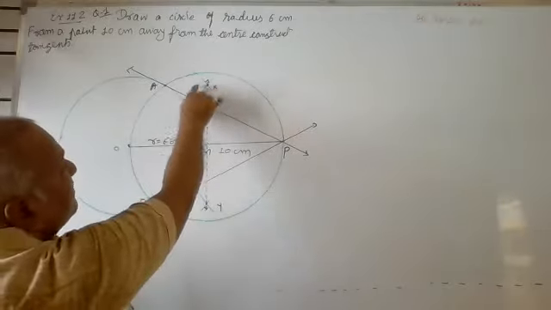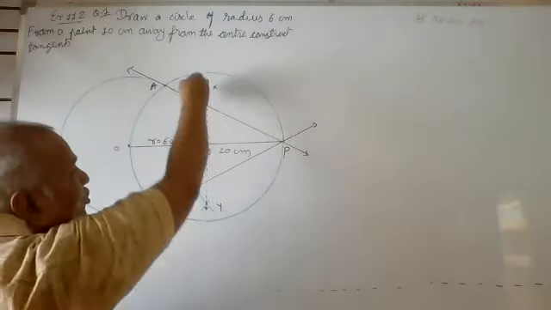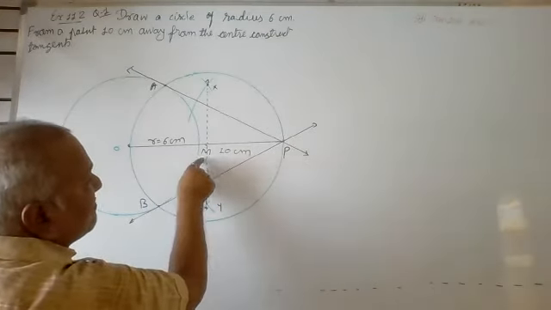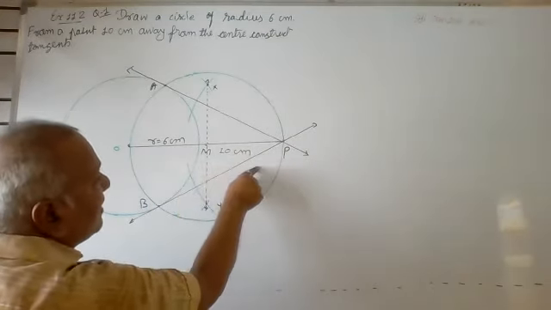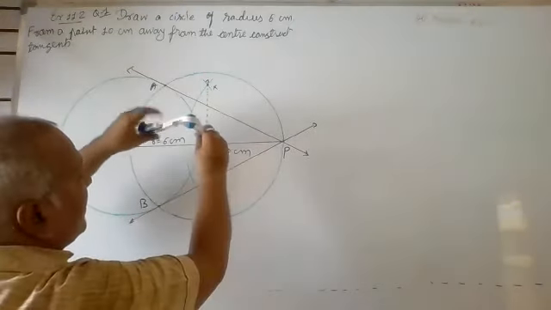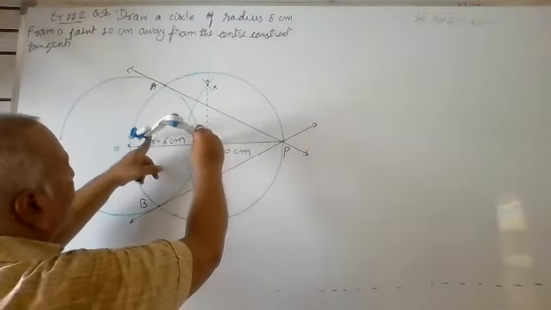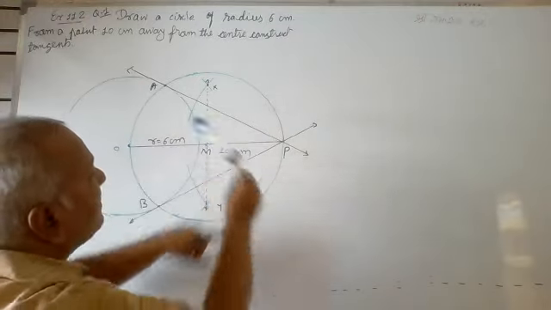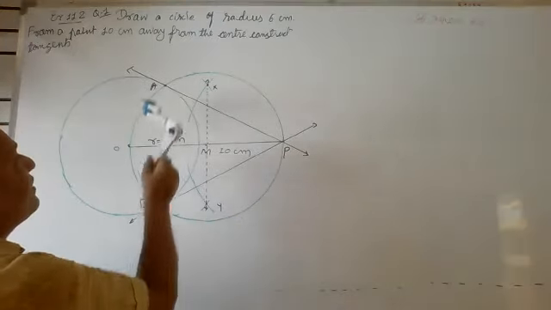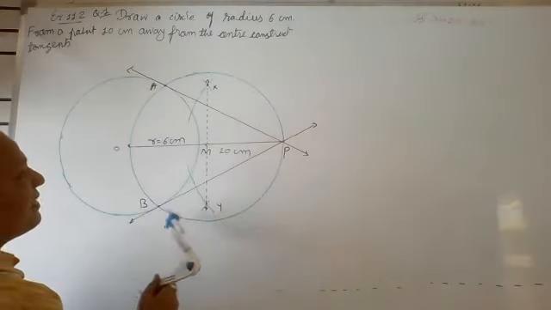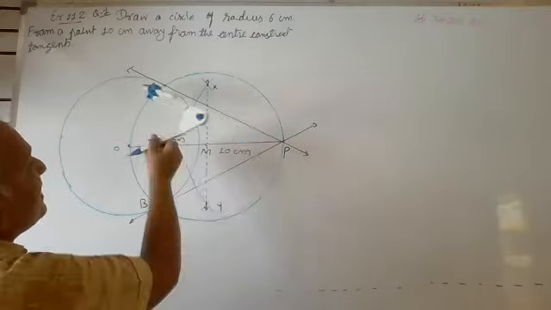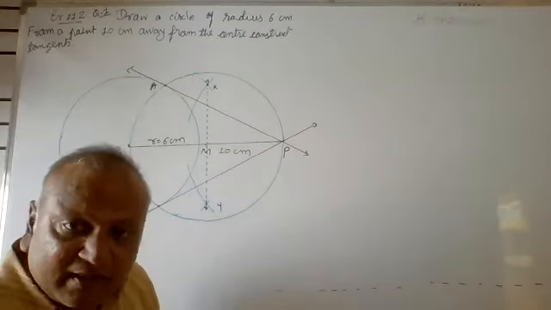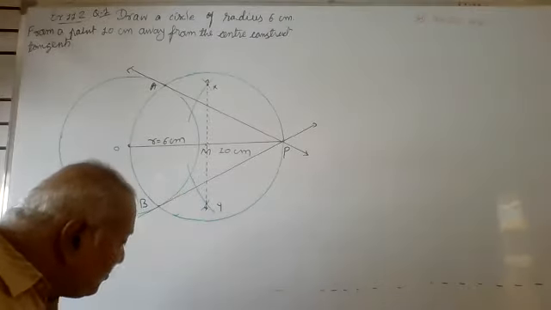Where both the arcs meet, we write X and Y. Join XY, and XY intersects OP at M. M is the midpoint of OP. Now taking M as center, we draw a circle with radius MO or MP. This circle intersects the original circle at A and B. Now we draw line PA and line PB. Line PA and line PB are our required lines. I hope friends you understand it.